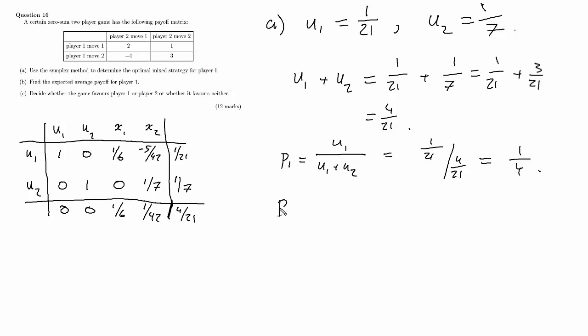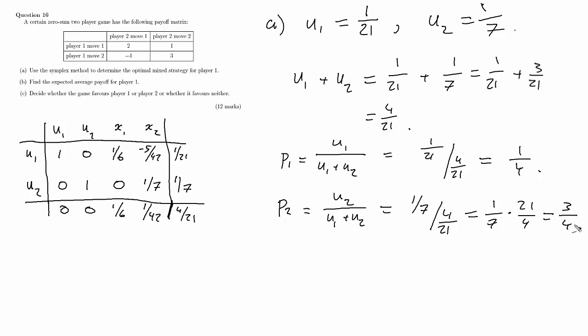The probability that player 1 should make move 2 is U2 divided by U1 plus U2, which is 1 on 7 divided by 4 on 21, which is 1 on 7 times 21 on 4, which is 3 on 4.